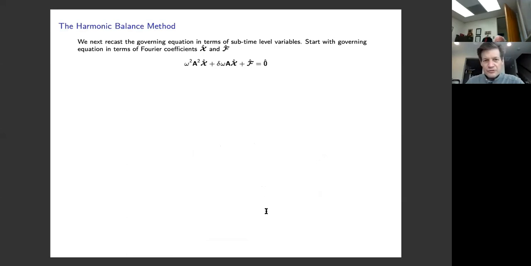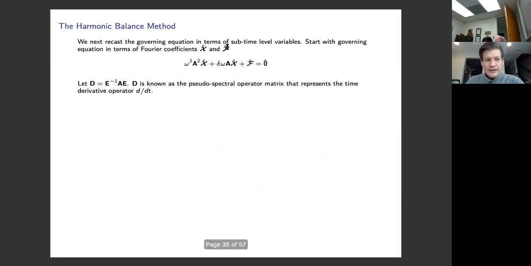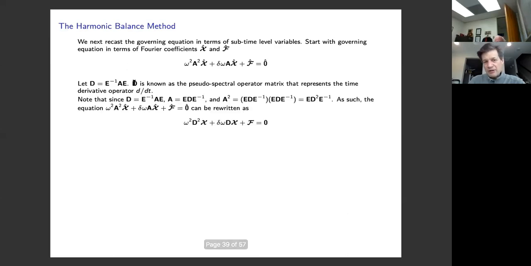So back to our governing equation when we were working in terms of Fourier coefficients with the hats here, okay? Then what we do is we introduce this new matrix called D, which is the inverse of E times A times E. D is also referred to as the pseudospectral operator matrix that represents the time derivative term d/dt. And we apply some transformations. I won't get into all the math of it.